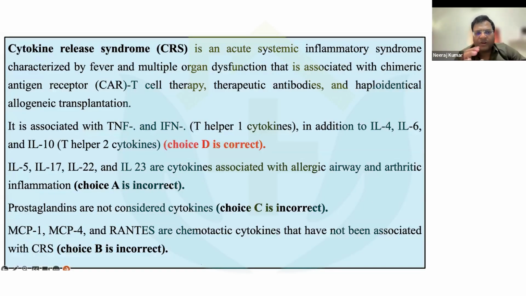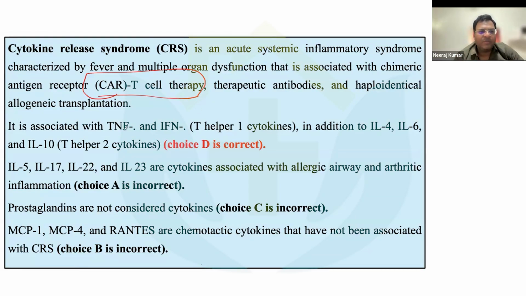But still, cytokine release syndrome is an acute SIRS where there is fever, and chimeric antigen receptor cell therapy is required for this, and these patients may need a haploidentical allogeneic transplantation.